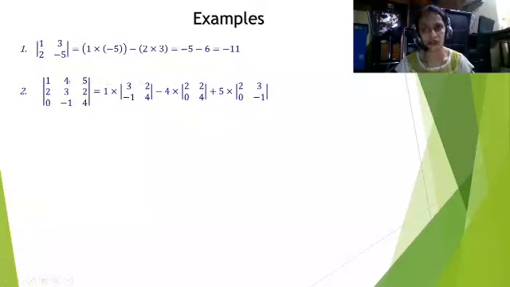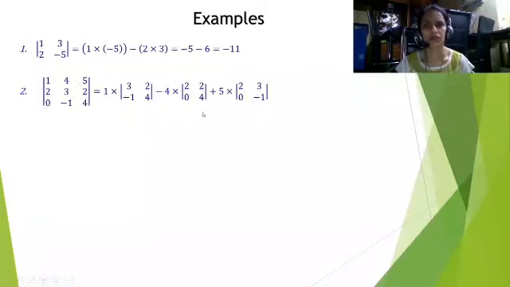If this sign is the original minus, we get minus of minus, so it becomes plus. Now the sign is plus, so we say minus 4 into, which row do you have to hide? First row, second column, you will get 2, 2, 0, 4. So that determinant I have written. Then plus 5 into what? Again hide first row, last column: 2, 3, 0, minus 1.